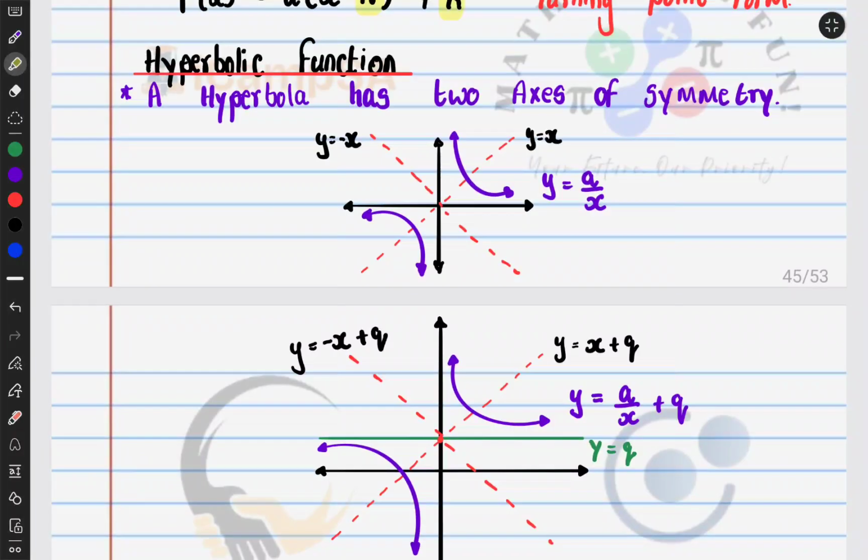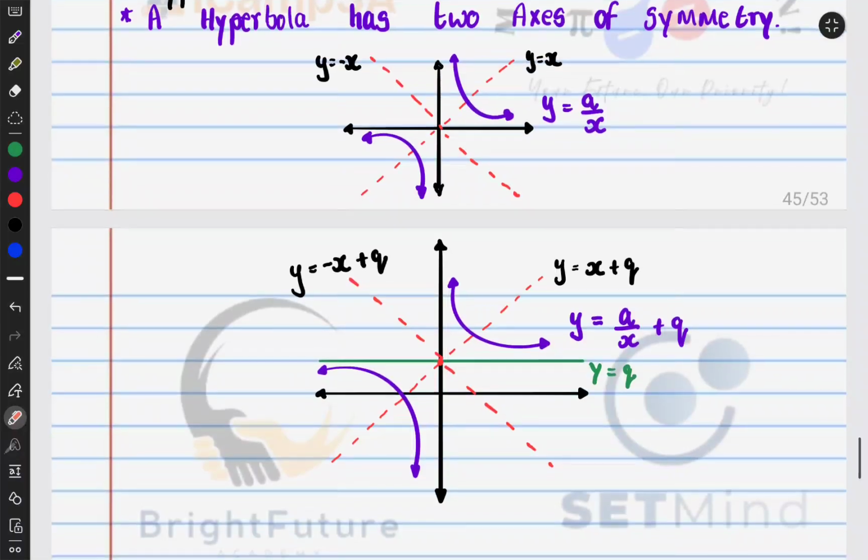If it has not been shifted, the axis of symmetry passes through the origin, but once it has been shifted, the axis of symmetry will pass at the point where the asymptotes meet. Okay, so for most of the functions we deal with in grade 10, they're only shifted vertically, so it will just pass there.